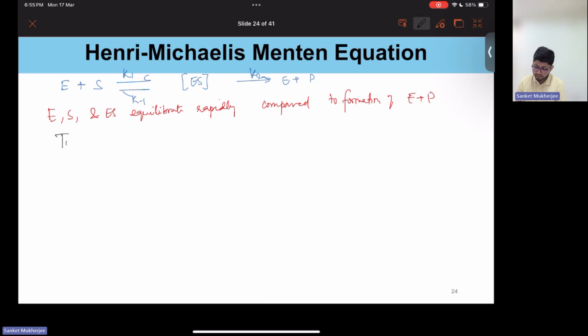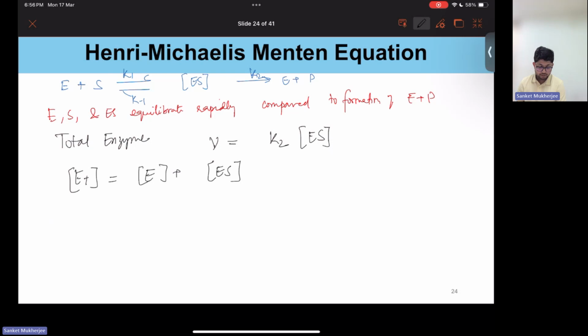So the total enzyme, okay, we'll get to it, but the velocity is K2 ES and the total enzyme ET is the enzyme concentration plus the enzyme substrate concentration.